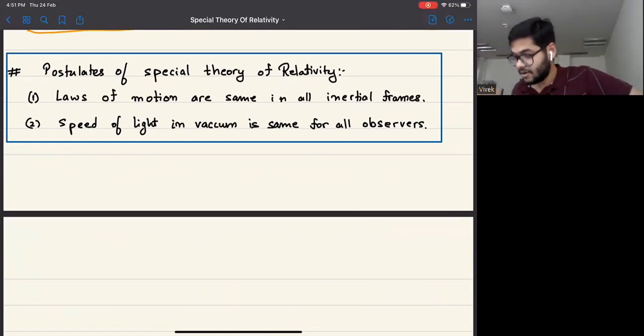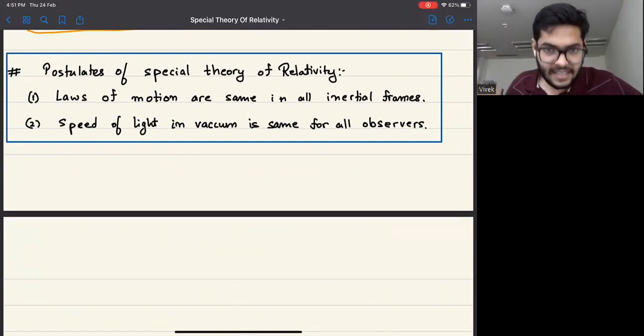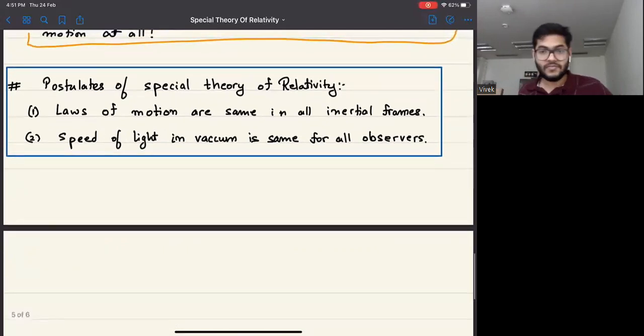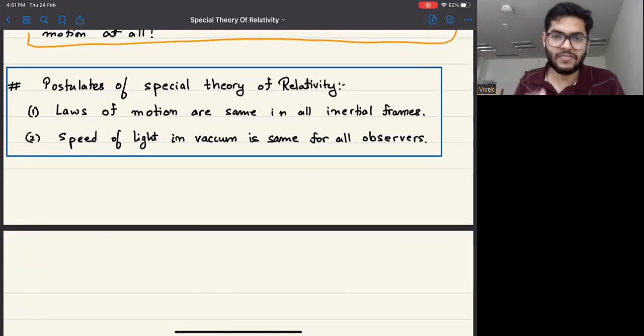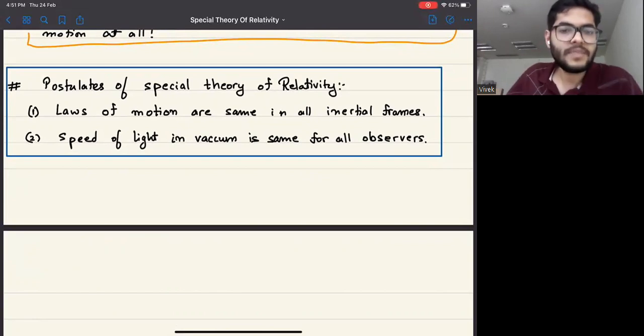And from there on, we will see what exactly is wrong in the Galilean transformation and what we should use in place of it. And the answer is the Lorentz transformation, as we will see as we go along in this course.